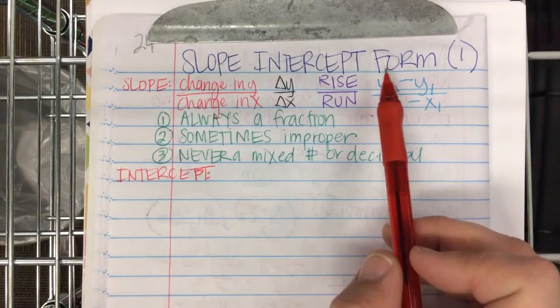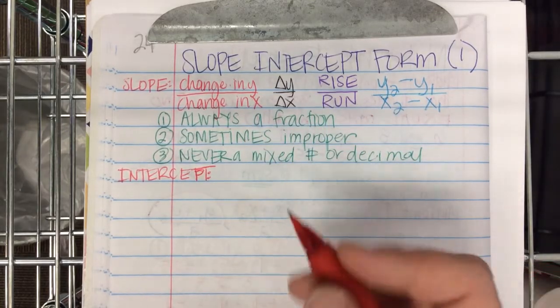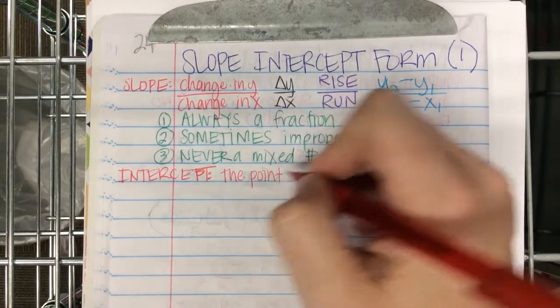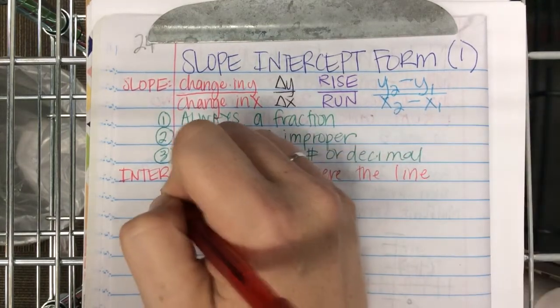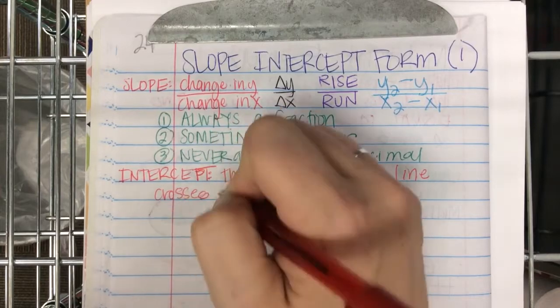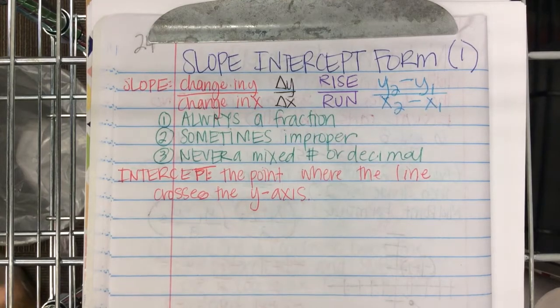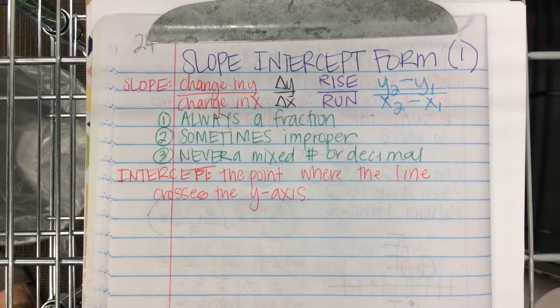In order to use slope-intercept form, you have to have a slope and you have to have an intercept. Intercept is the point where the line crosses the y-axis. I know, the lag is really bad. The intercept is the point where the line crosses the y-axis. Not the x-axis. It's always, always, always the y-axis.